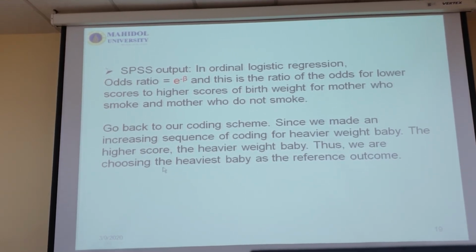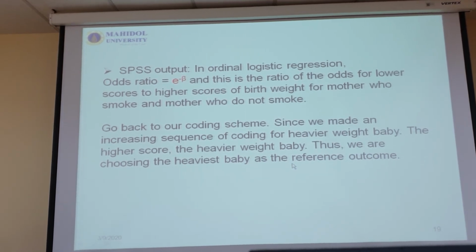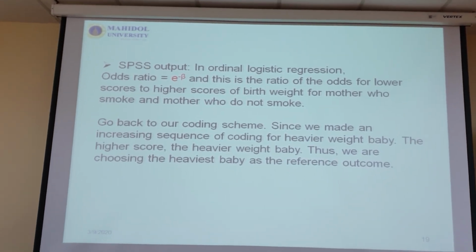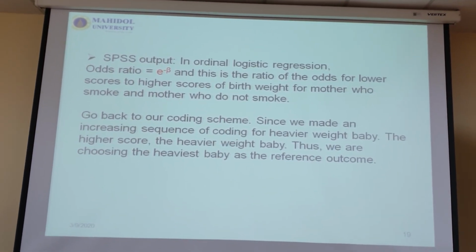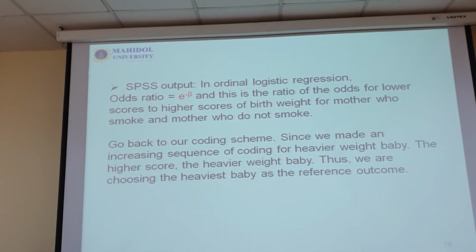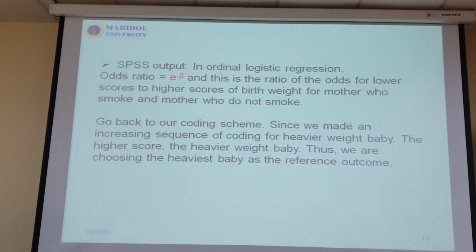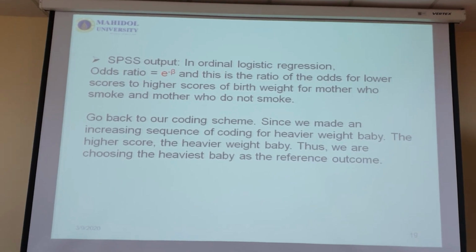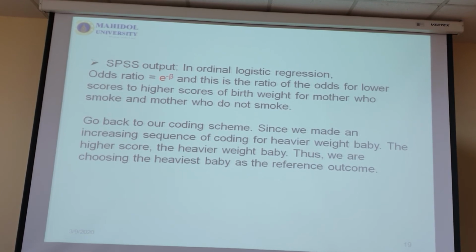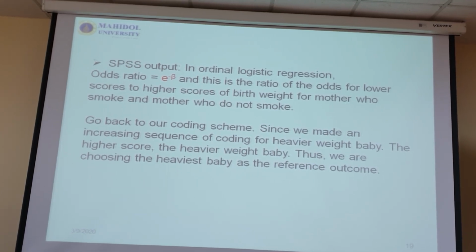Thus, we are choosing the heaviest baby as the reference outcome, right? So in every logit model, we pick the heavier baby as the reference, all 3 logit models, all the time, because a higher score is a heavier weight.